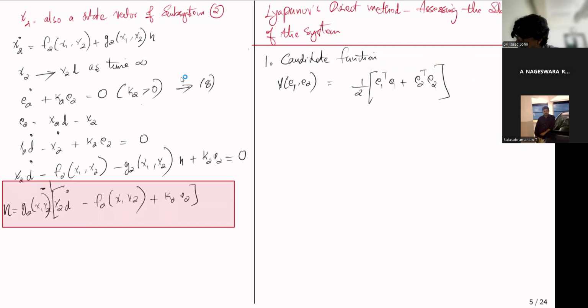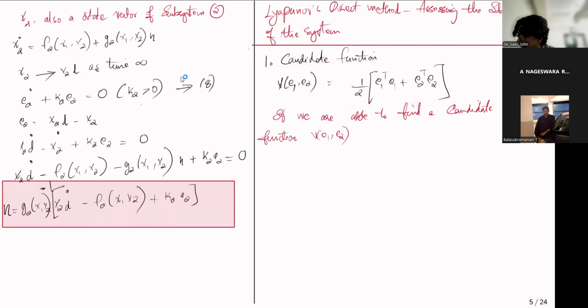So the conditions are, to obtain these candidate functions, if we are able to find a candidate function V of e1, e2, we have already come up with one, but this is not an exclusive choice.